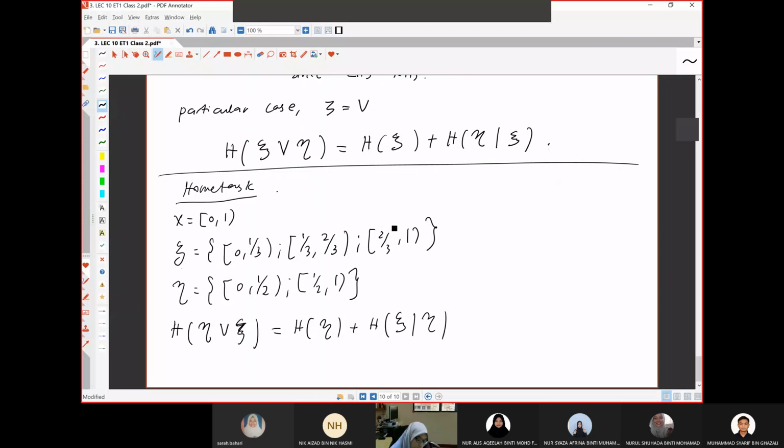Okay, now if I exchange the position, entropy of psi given eta equals H of eta join with psi minus H of eta.